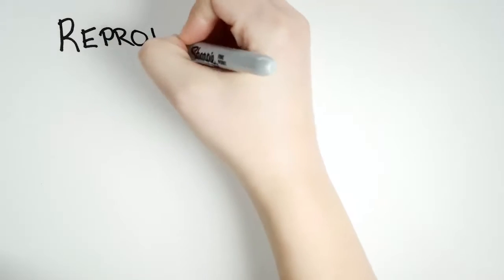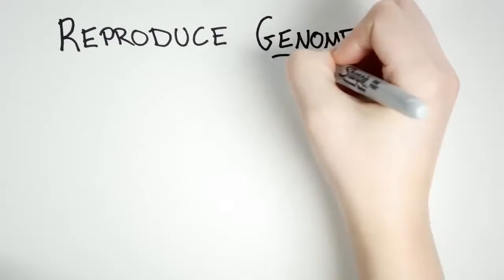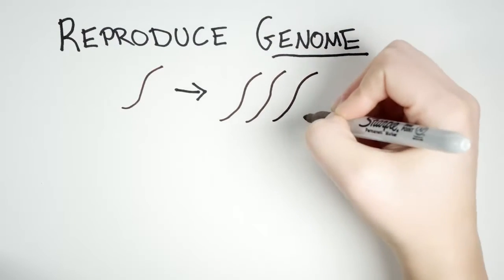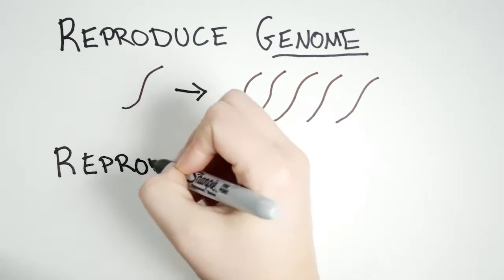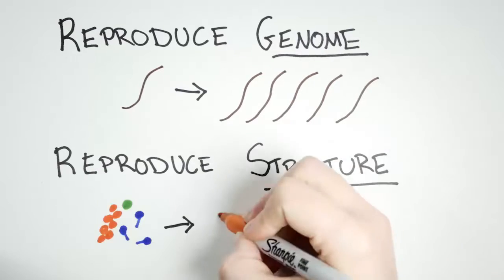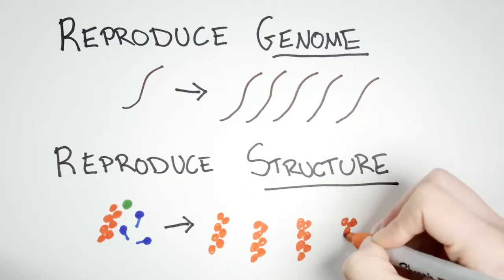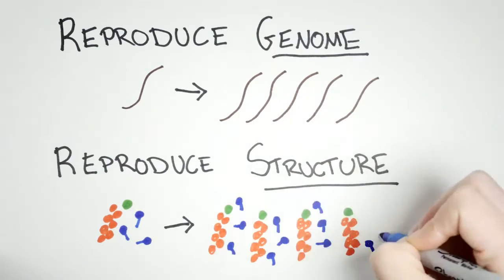To make a whole new virus particle, Ebola needs to do two things. First, it needs to reproduce its instruction manual, or the genome, and second, it needs to reproduce its structure, like its protective capsid and envelope. Like many viruses, Ebola is lean and mean.